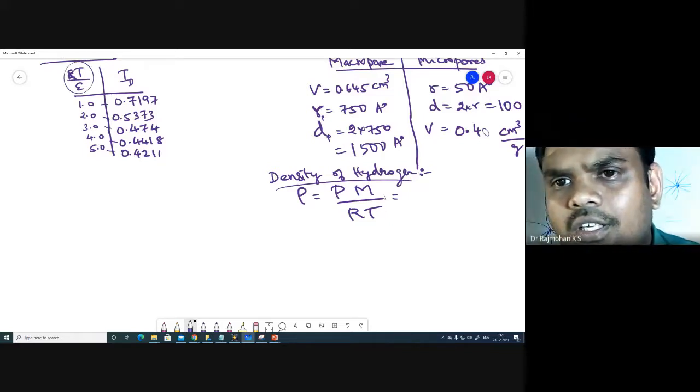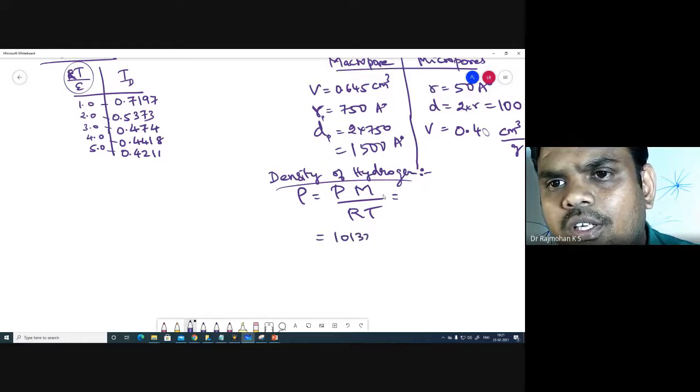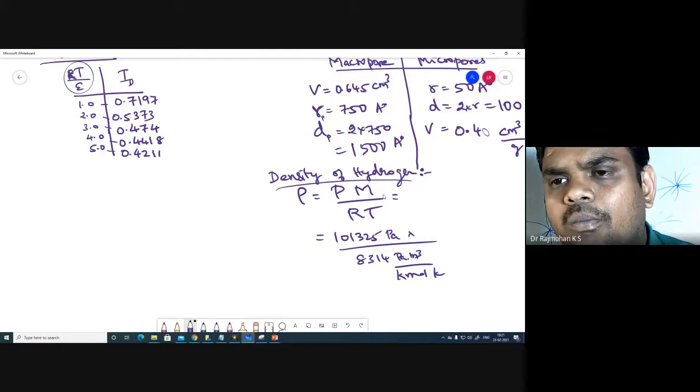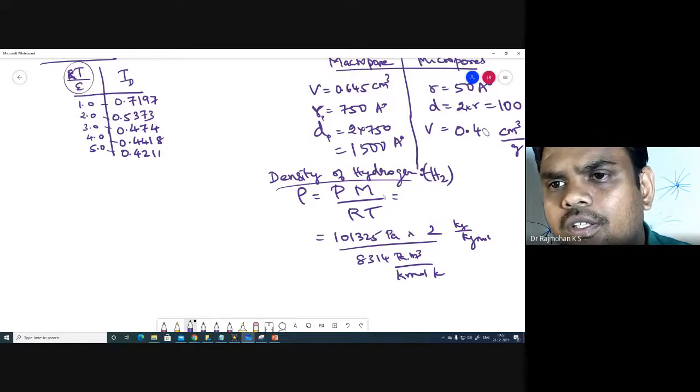We can say the total pressure is 101,325 Pascal divided by 8314 Pascal meter cube per kilomole Kelvin. The molecular weight of hydrogen, H2, is 2 kg per kg mole, so don't make a mistake here.